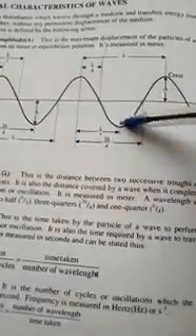You can see it in this label here. This is crest and this is trough. The addition of the crest and trough is what we regard as wavelength. This one and this one is called wavelength.